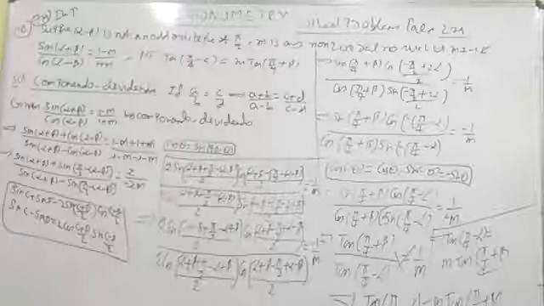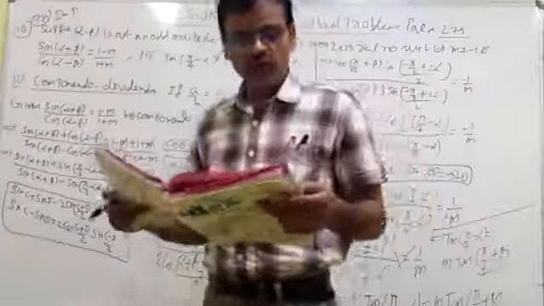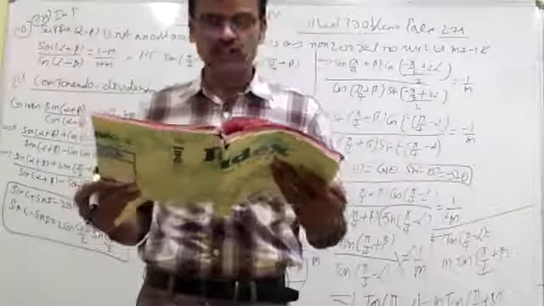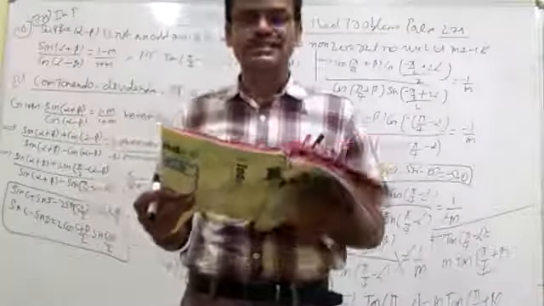Let us discuss the exercise. Examples completed. Exercise 6E should go on from today onwards. Page number 280. Exercise 6E. Yesterday I gave the Roman number 1 sums.